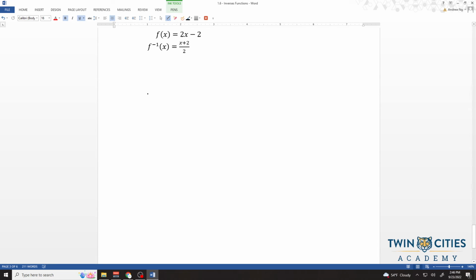So it really doesn't matter which way you plug in one function into another. If they're truly inverses, you should get x, just x. So let's, on the left side here, say let's use f of x as a base. Okay, and over here we'll say let's use f inverse of x as a base.